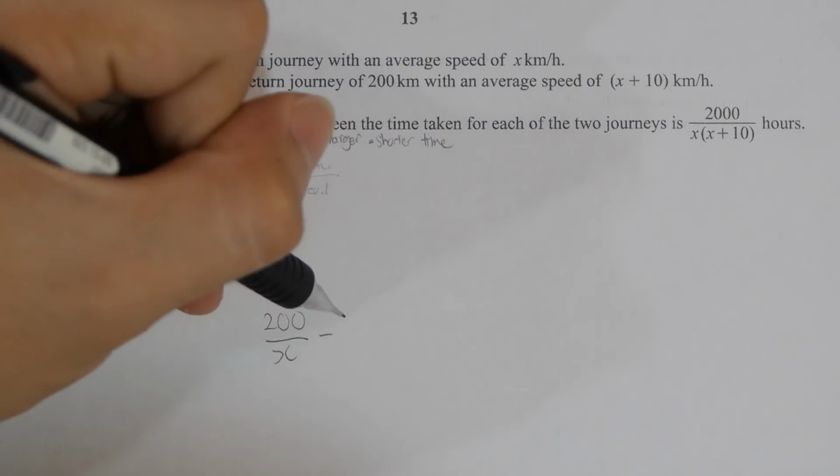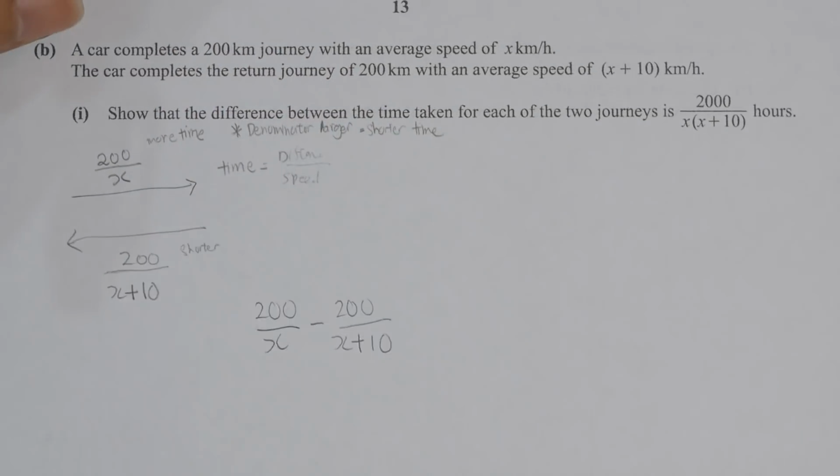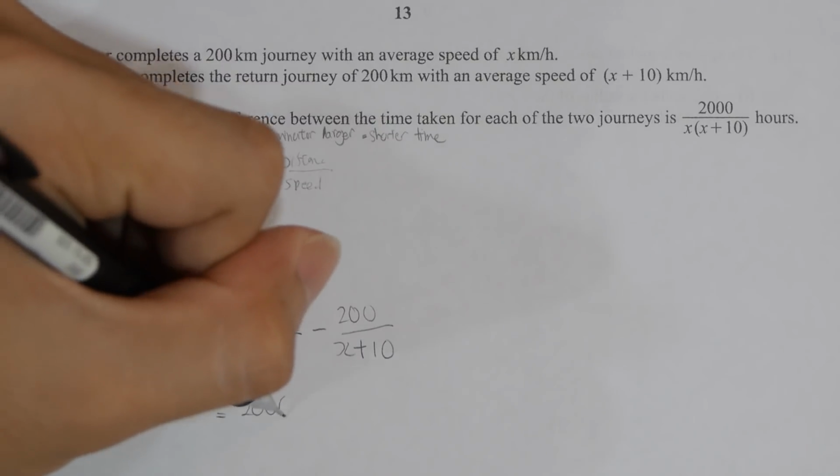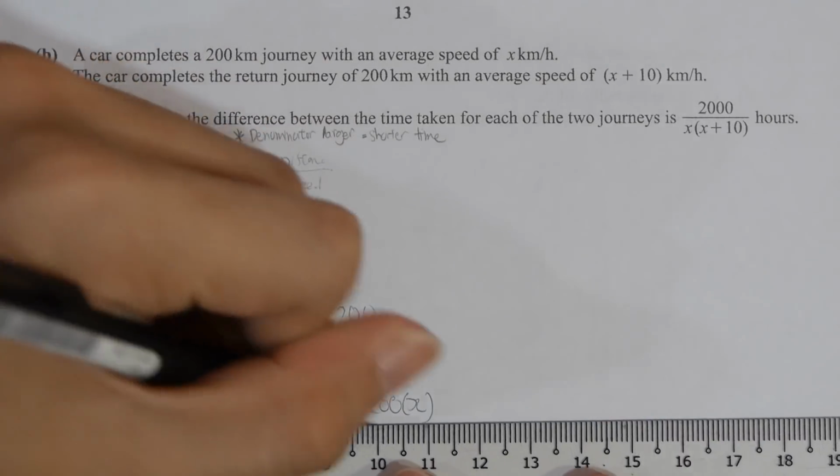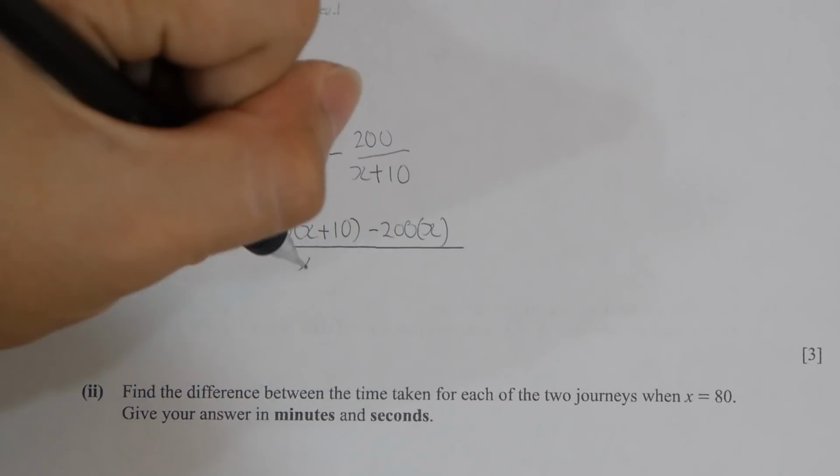So you take 200 over x minus 200 over x plus 10. By running the calculation, you'll be able to prove the statement.